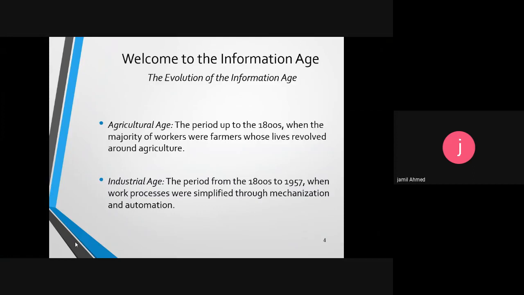For example, in textiles, fabric was created manually, but later on the textile industries came into being, and lots of other industries are available. This is one example.